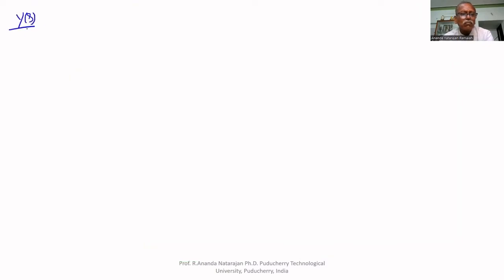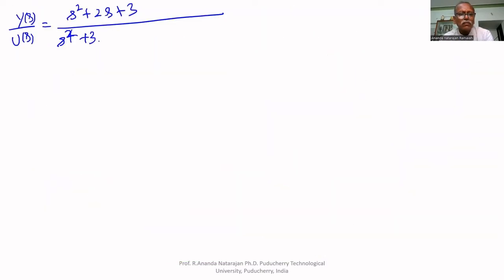Y of s upon U of s equals s square plus 2s plus 3 upon s power 4 plus 3s cube plus 12s square plus 9s plus 8. This is the given transfer function. For that, we have to form the observable canonical form. We have to convert this like Mason's gain formula.